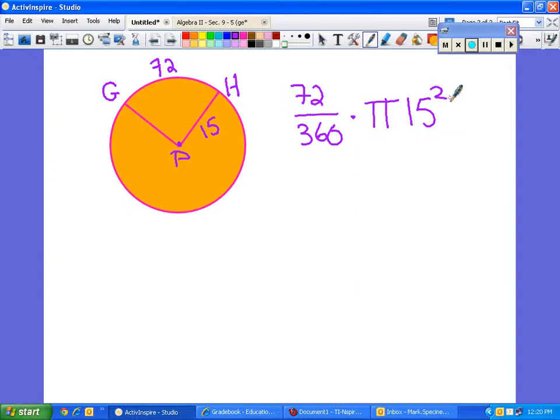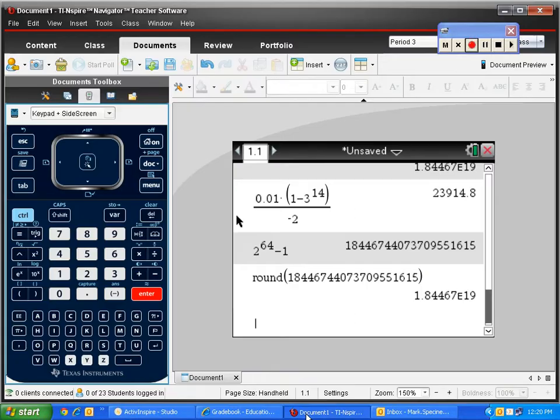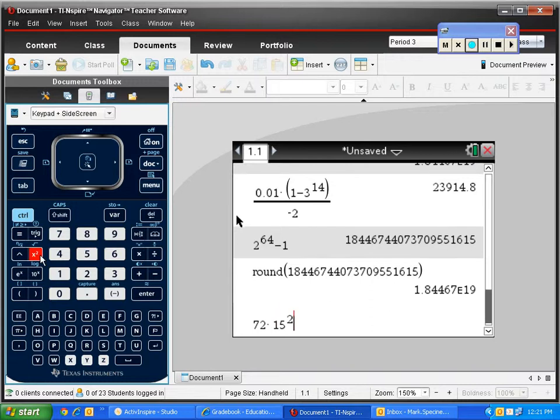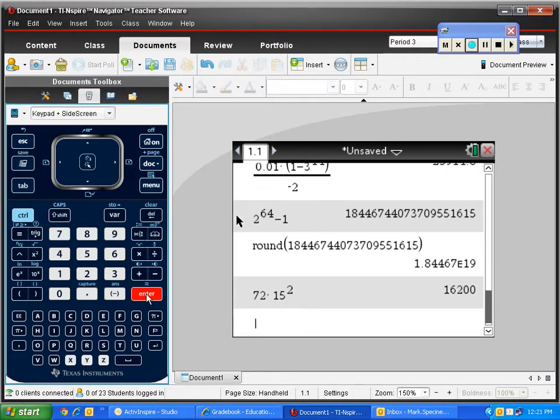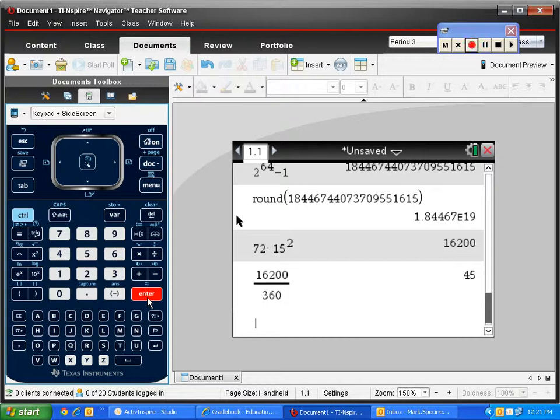And I wouldn't even bother simplifying this. The question is asking you to put it in terms of pi, so you can actually ignore the pi. So what I would do is I would put in my calculator 72 times 15 squared, and then divide that by 360. Your answer is 45.